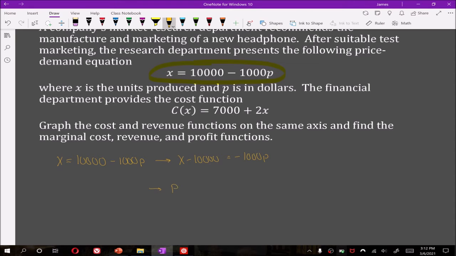This gives us a price function of 10 minus 0.001x. Finding domain. This has to be a positive price. And also, x must be positive.